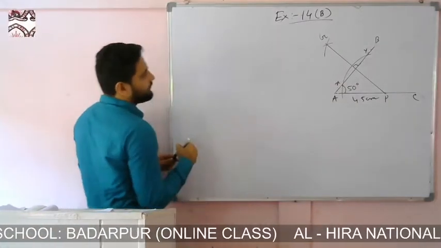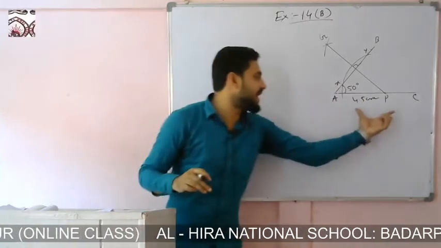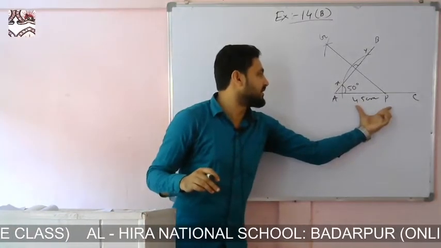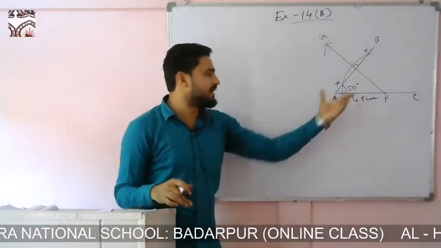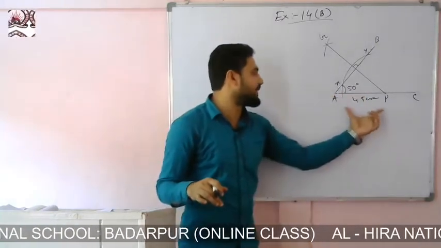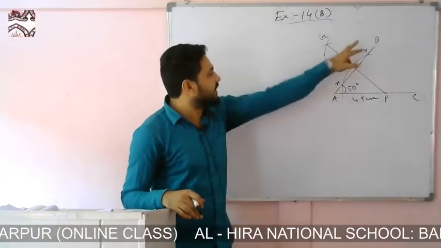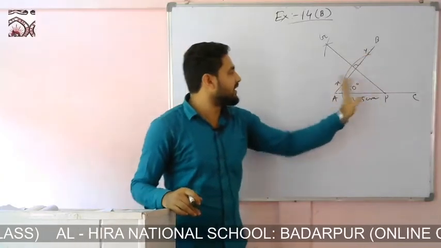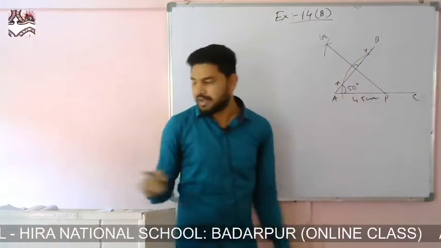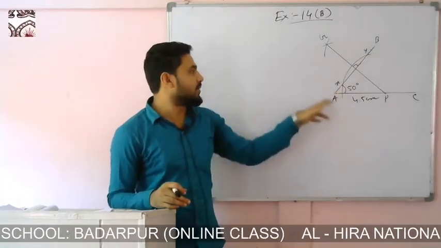Once again I am saying how we have drawn. First you take a measurement like this and give the name AC. Take any measurement and give the name AC. After that, from A to P you take the measurement 4.5. After that you draw an angle BAC equals 50 degrees using your protractor.